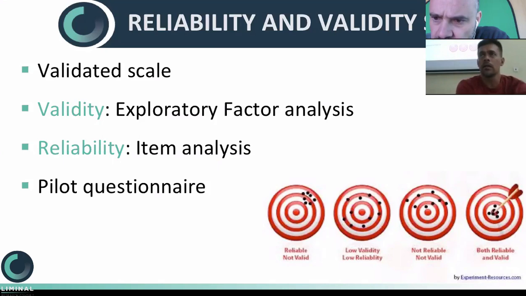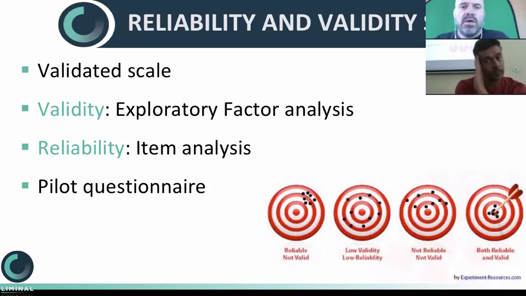Okay, so the question is, you've explained, you can see that there's the 2 issues of reliability and validity. He understands validity, but how do you ensure reliability?